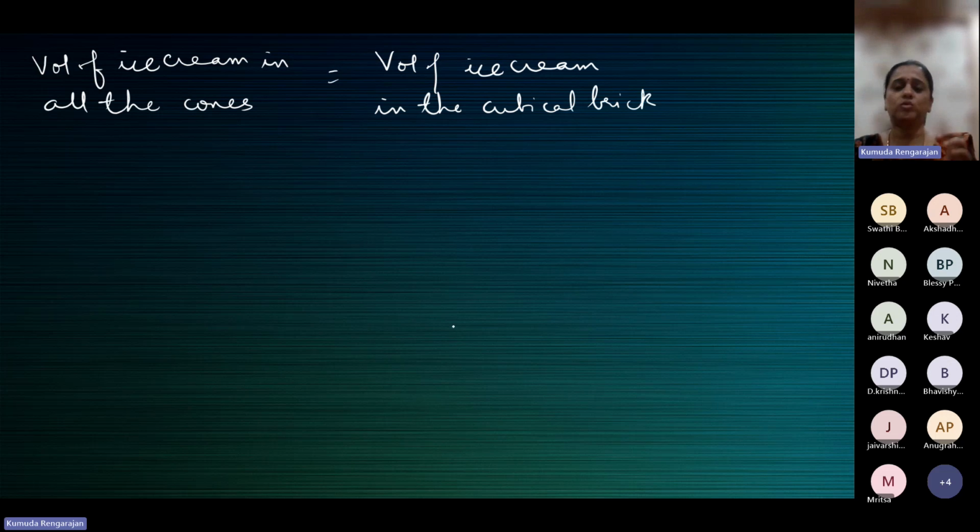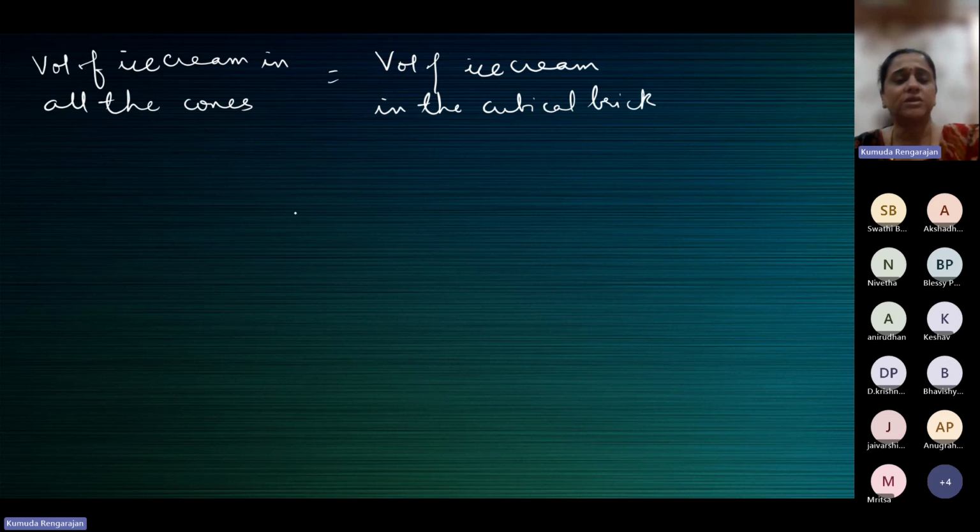Volume of ice cream in the cubical brick will be equal to the volume of the ice cream in all the cones. This ice cream, the volume of the ice cream here, will be equal to the volume of the ice cream filled in all the cones.